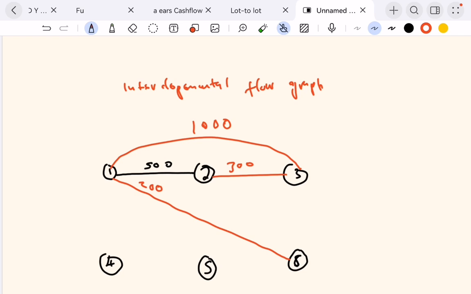How much? 500. We have 500 there. The next one is 2 to what? 2 to 5 here. How much? 100.